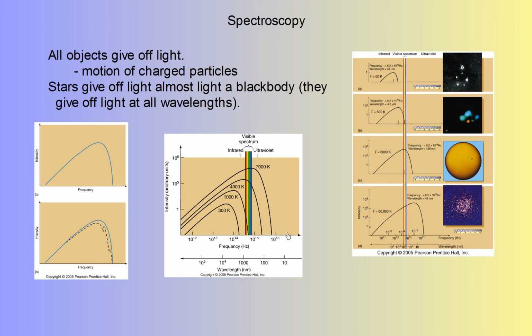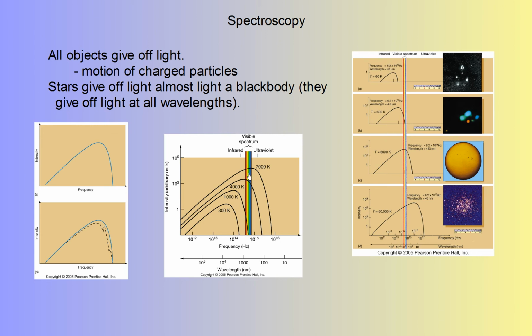Not really gamma rays. It's not hot enough to give off a significant amount of gamma rays, unless there's a solar flare, which can be really hot. But you could see if this curve were to go up, it would eventually reach the gamma ray part. So yeah, our sun gives off all of these, including visible light.